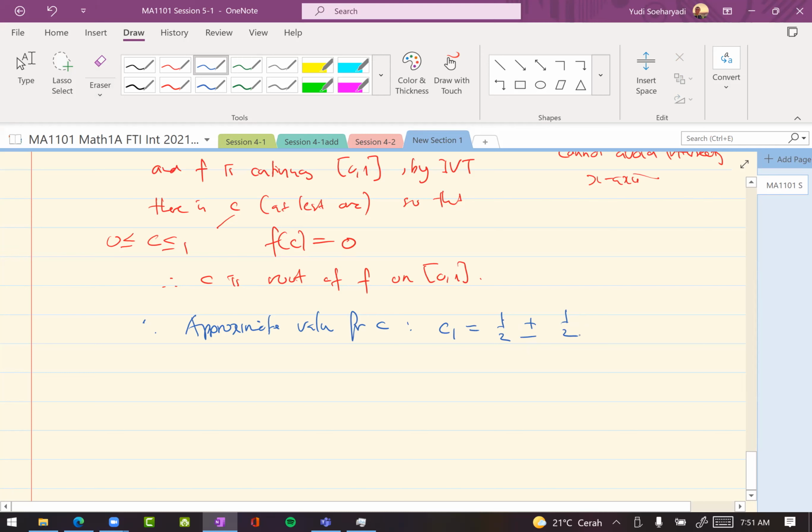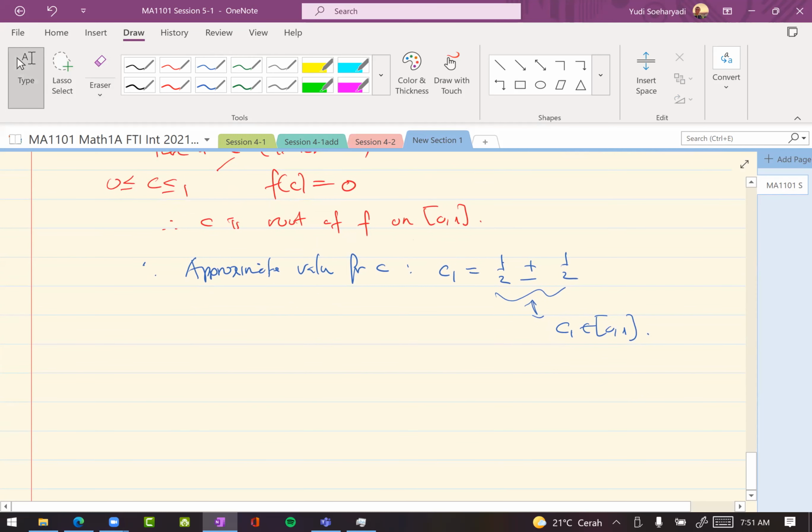So the root is 1/2 with the error of 1/2. See what I meant here? Questions?